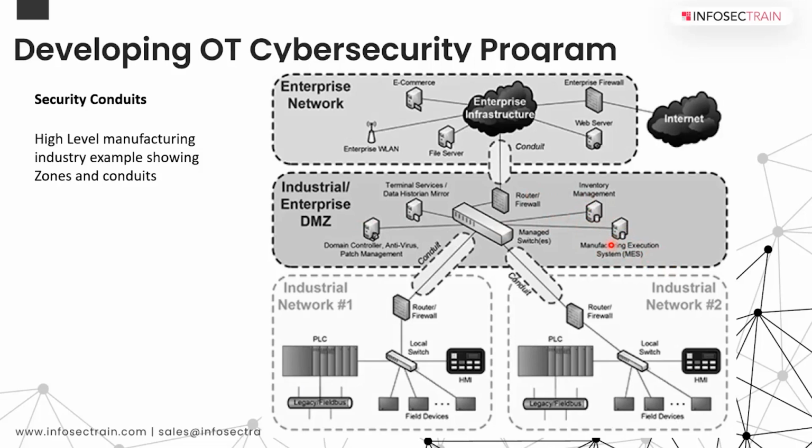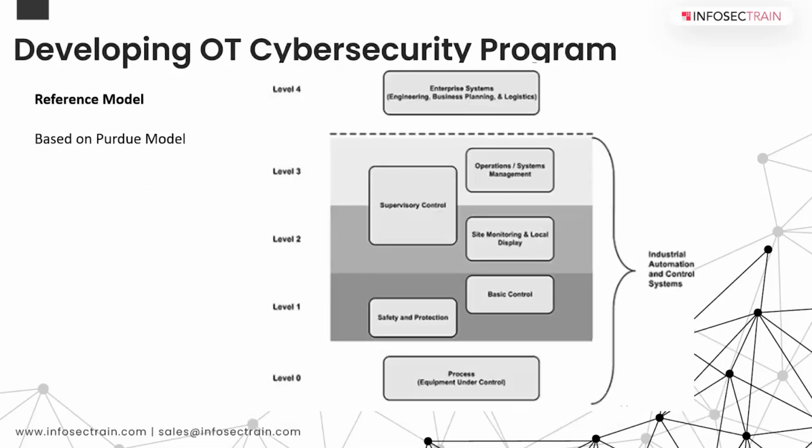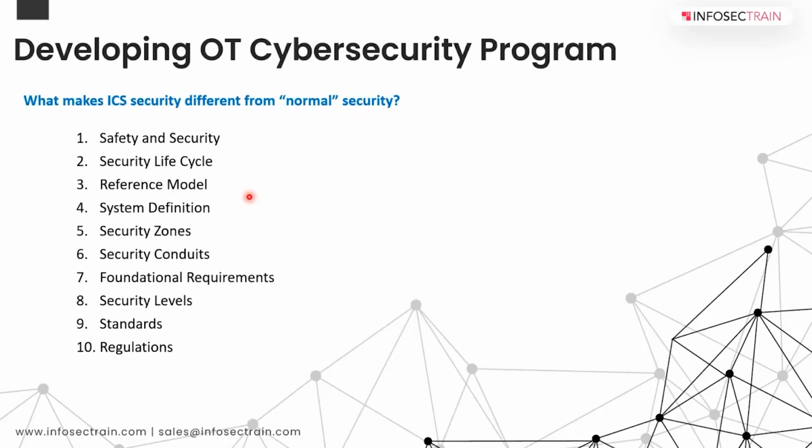Manufacturing has its own set of requirements that you need to be aware of. So again, the reason why I'm just limiting to the reference model is that these are the most important aspects. But again, this is just a start.